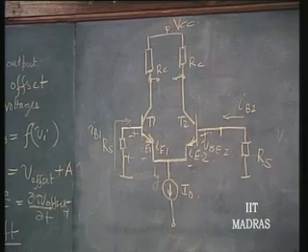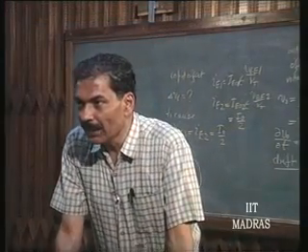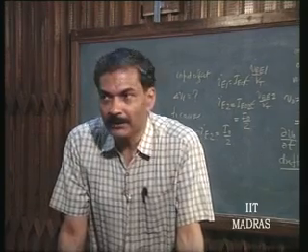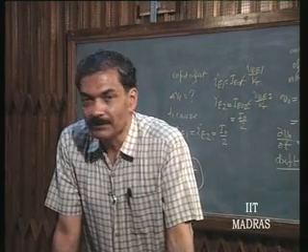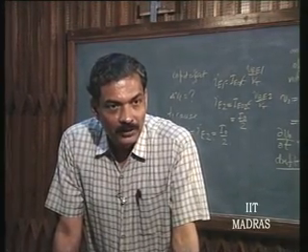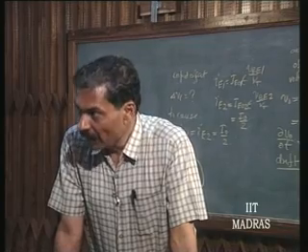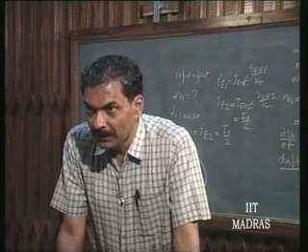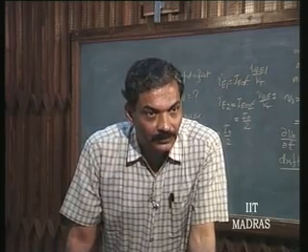This is defined as bias current offset. This again is not present in the case of MOSFET. So in the bipolar stage, apart from delta VBE offset, you have bias current offset also.